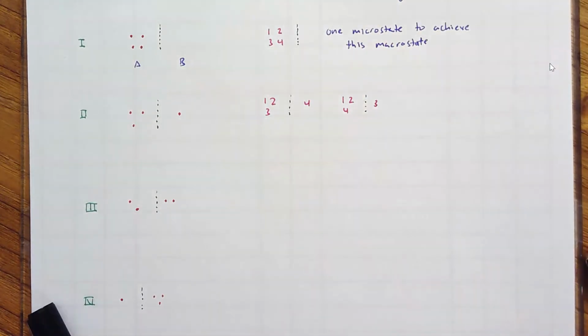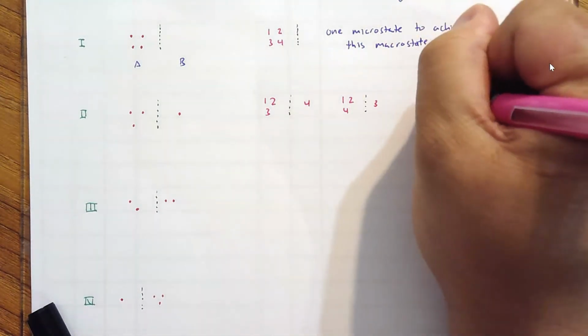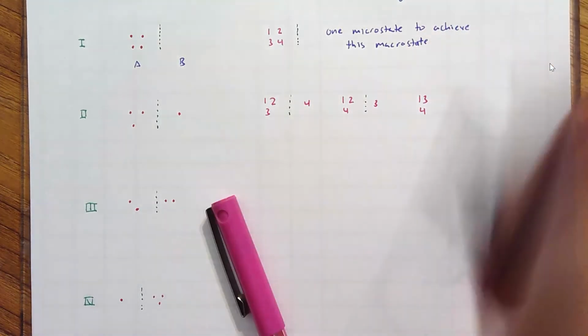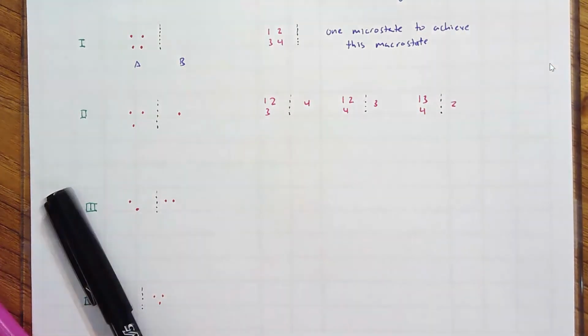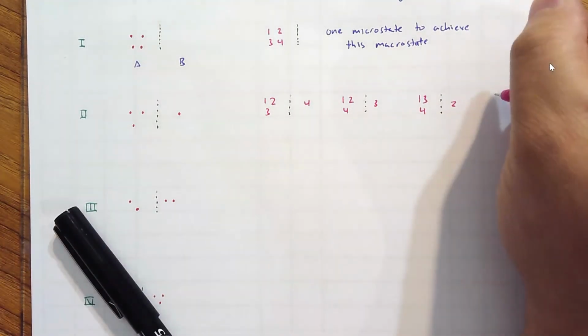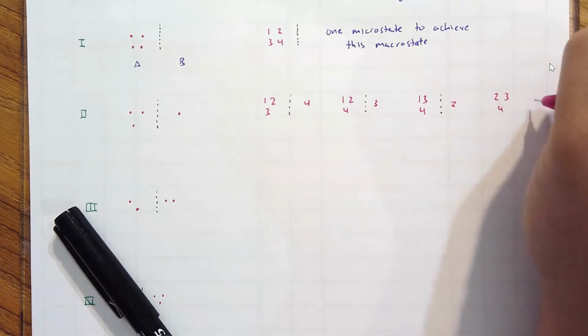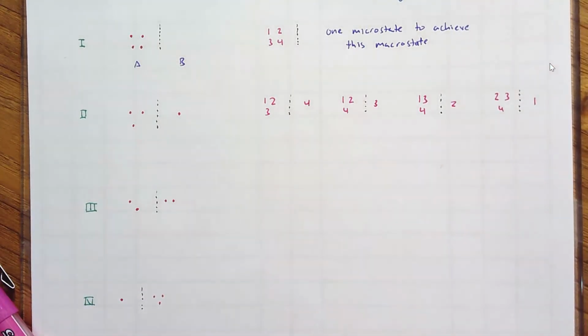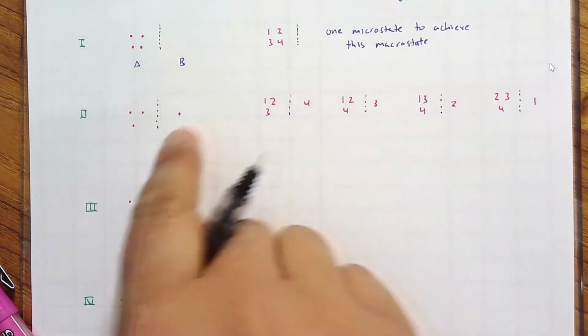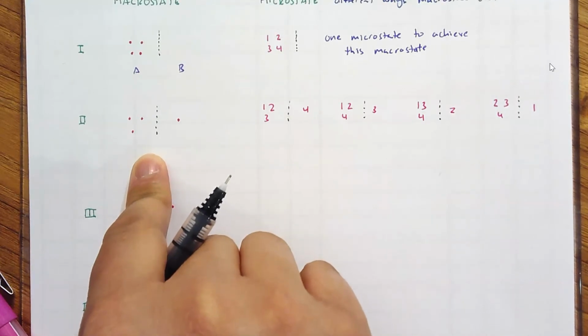We could kick over 2: 1, 3, 4. And the last one is 2, 3, 4, and we kick over 1. What this means is that there are 4 possibilities, 4 microstates that give us this macrostate situation.